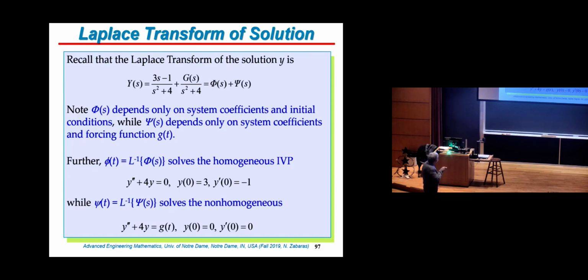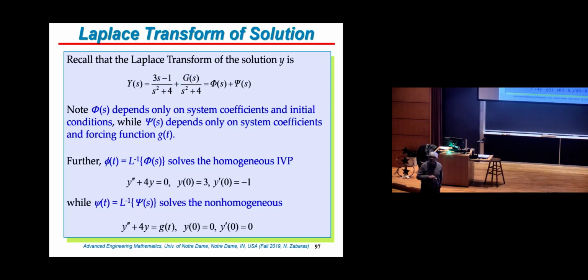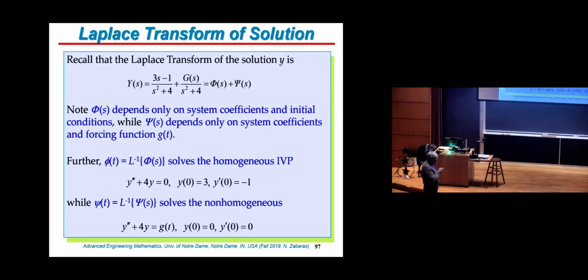So in that case, when I compute the inverse transform of psi of s, which is 1 divided by s squared plus 4, what response do I get from the system? How do we call that? You told me that if g equals 1, g of t is a delta function. So what is the response to a delta function as a forcing term?